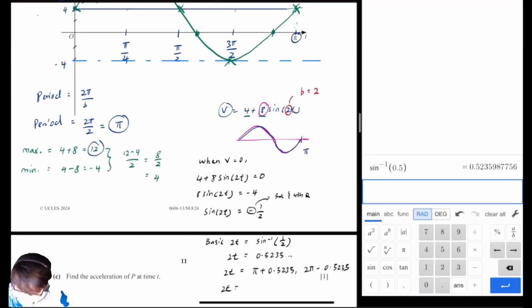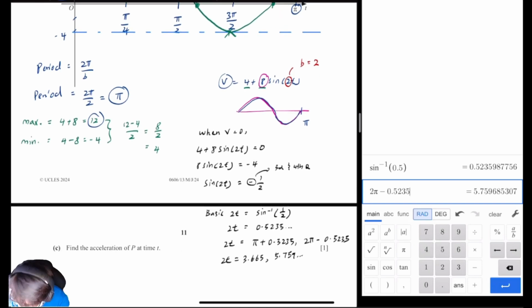So pi plus 0.5235. So that's going to be 3.665, and then 2 pi minus 0.5235, right? So we have 5.759 dot dot dot.